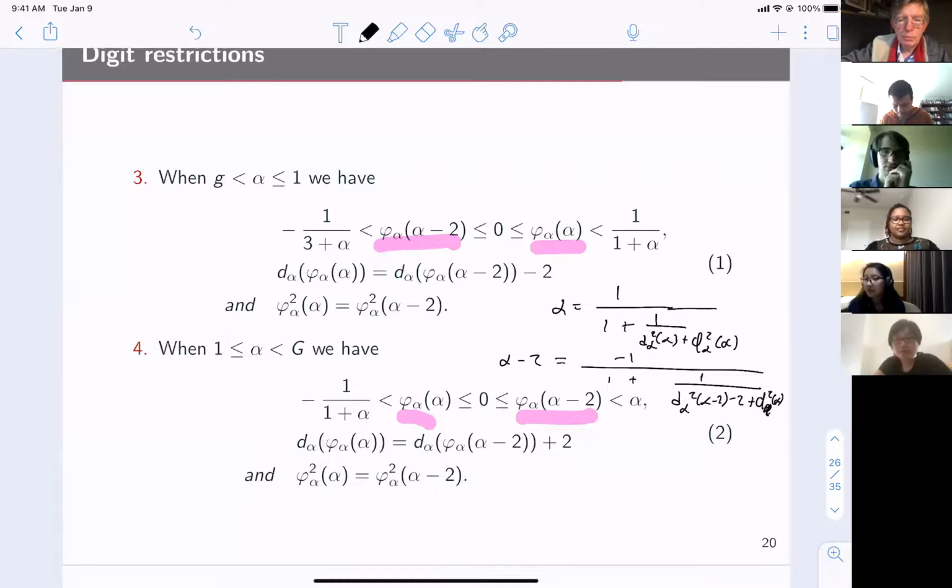The only difference here would be adding that 2. So that's going to play into what the domains look like when we define the natural extension.